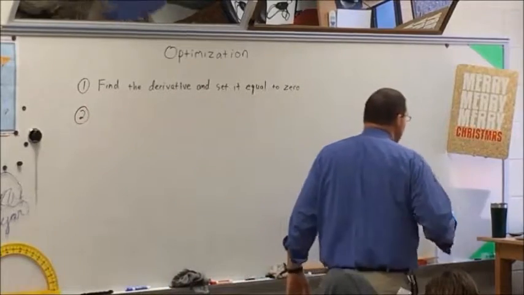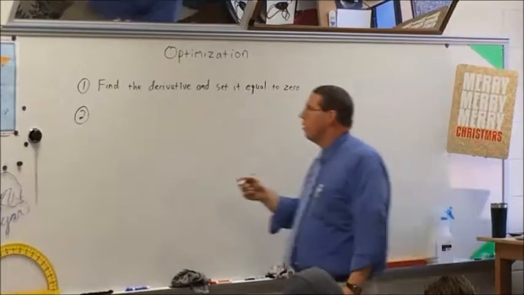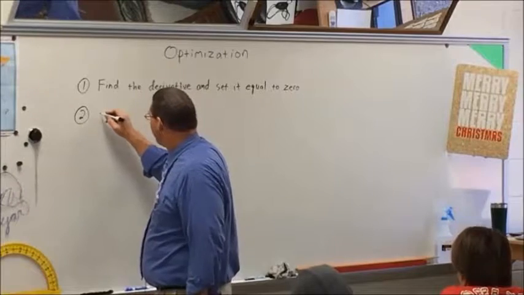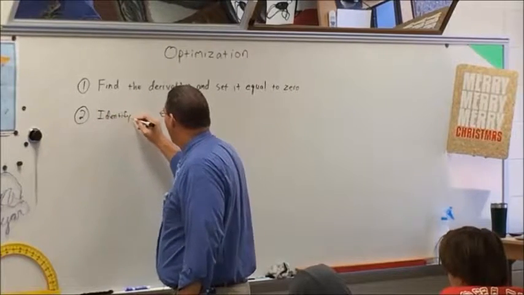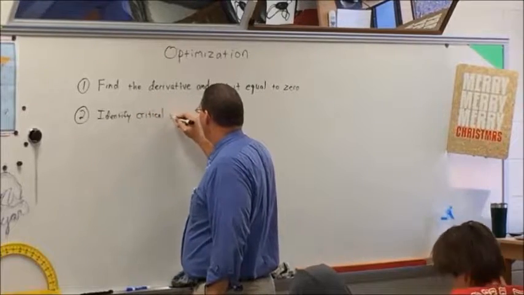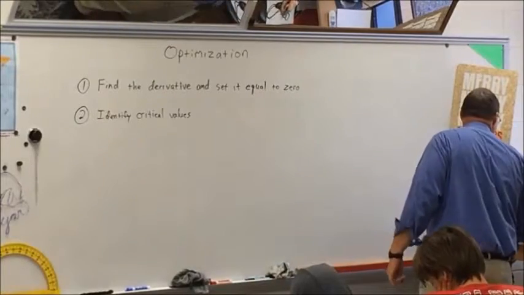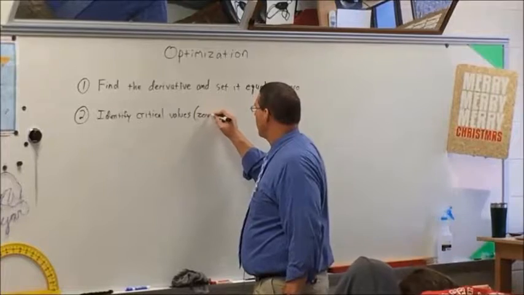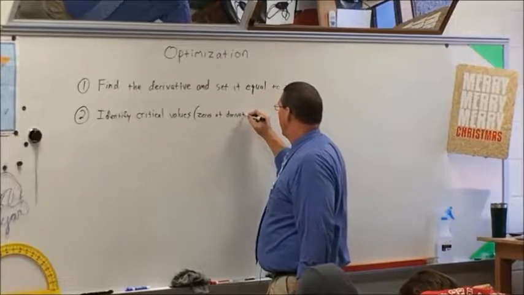Step 2, identify the critical values, which basically means solve this equation. Find the zeros of the derivative. That's the second step. These are the zeros of the derivative.